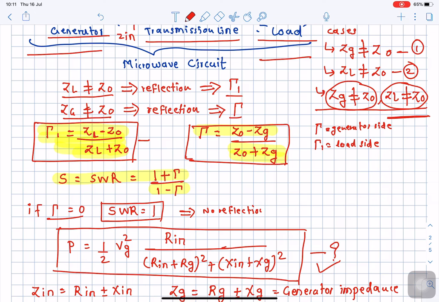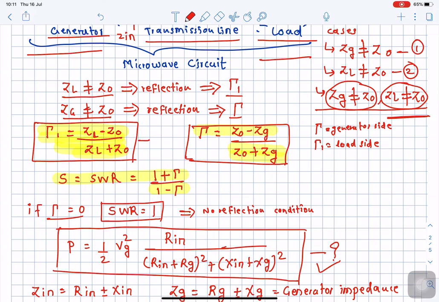This is a desired condition, right? And we want to achieve this condition in every microwave circuit. There should not be any reflection of the wave. That means when the wave is incident, it should only travel in the forward direction and nothing should get reflected back. At that time, the reflection coefficient will become 0.